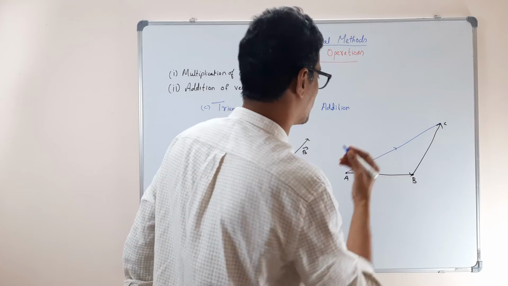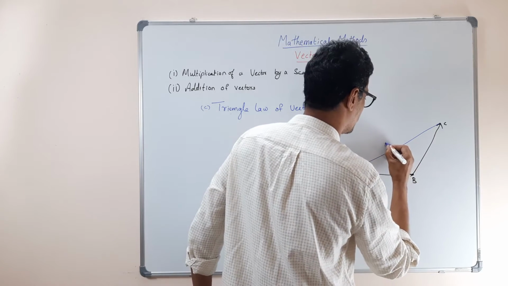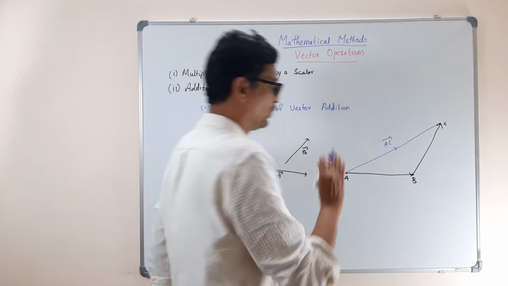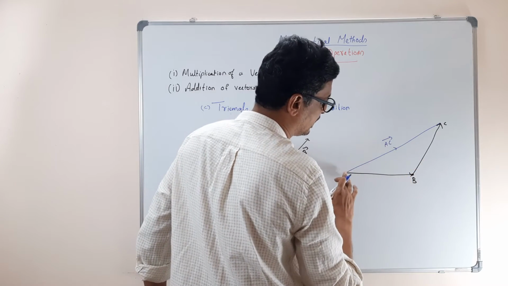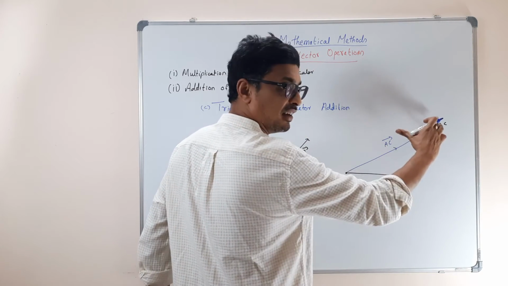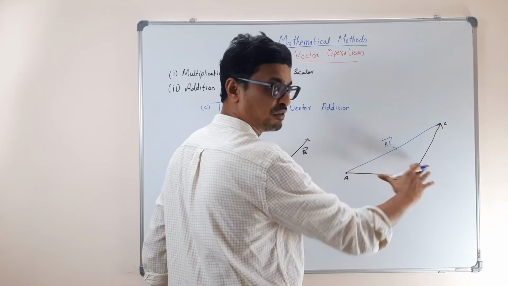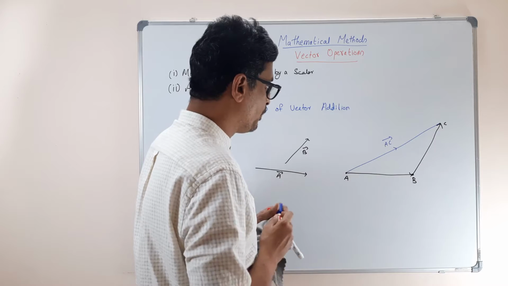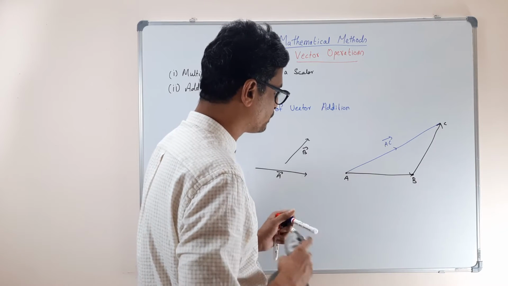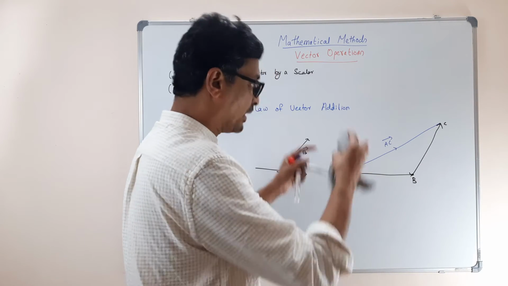Okay, so this vector is the AC vector. For this AC vector, the magnitude will be just the length you get from the triangle you draw. That will be the resultant vector.